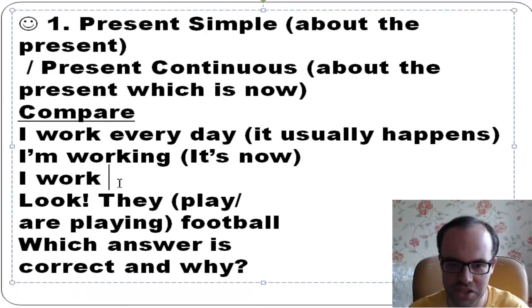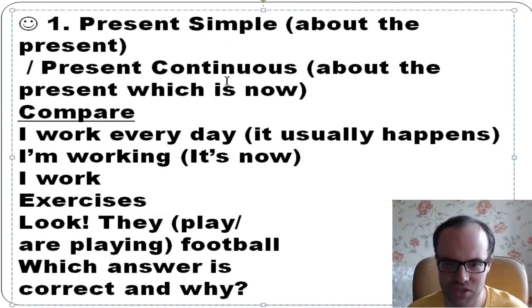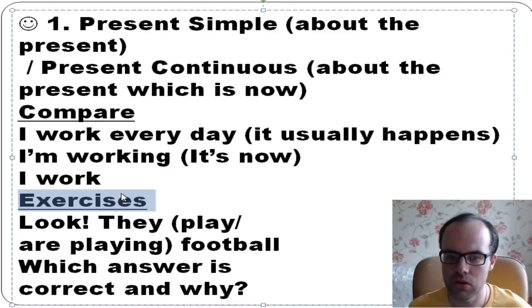So, I think that you like exercises. You like doing exercises, yeah? So, you see, look. Is it now or not? Yeah, it's now. So you need to use present continuous.